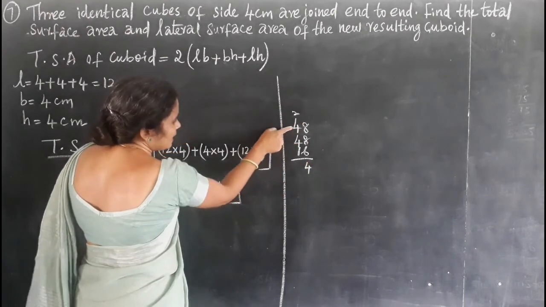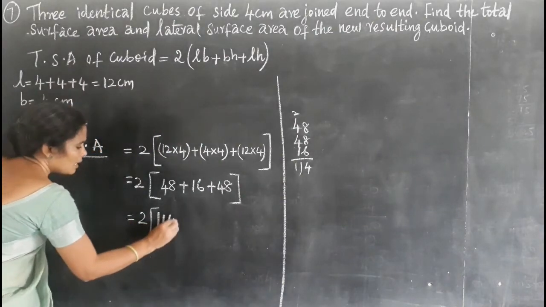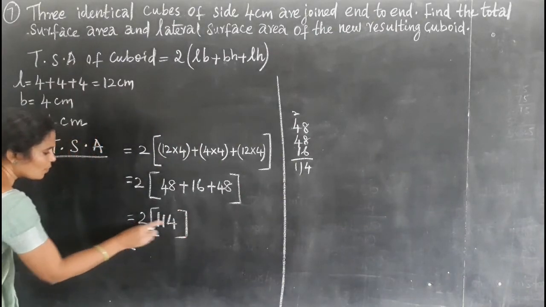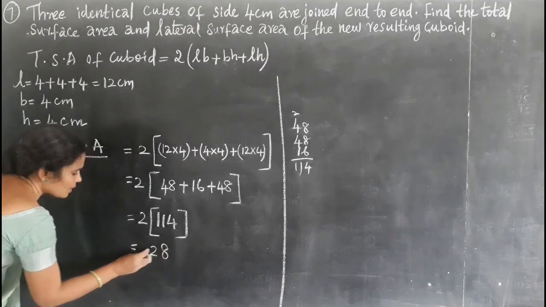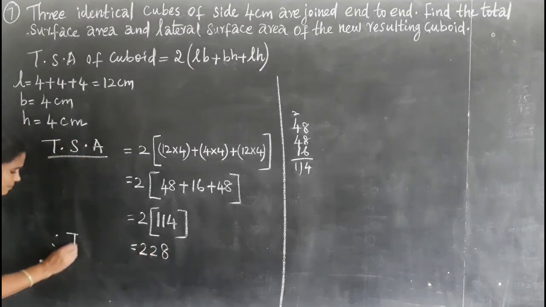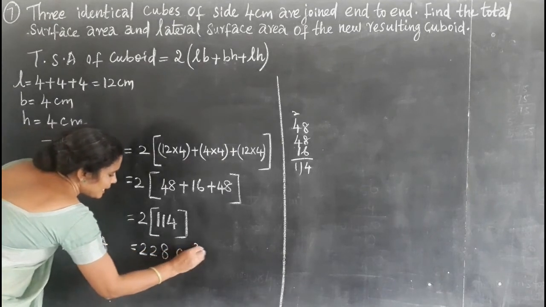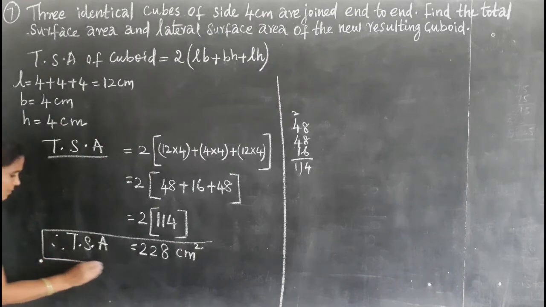Remain 2, 4, 8, 9, 10, 11. 114. 2 into 114 is equal to 4 2s are 8, 1 2s are 2, 1 2s are 2. So TSA is equal to 228 centimeter square.